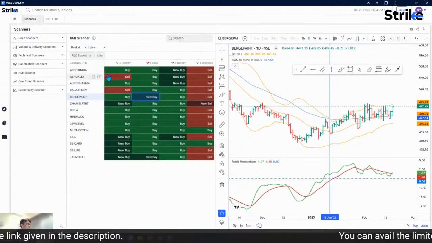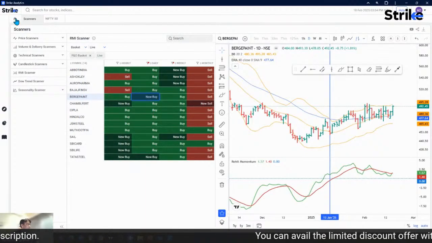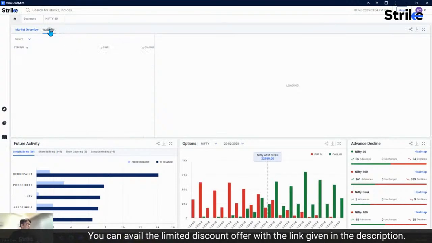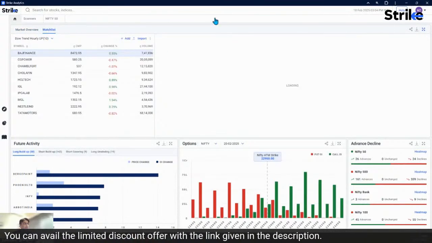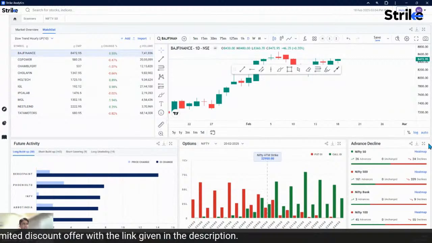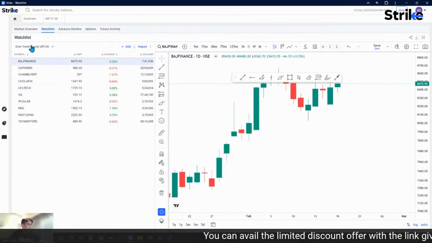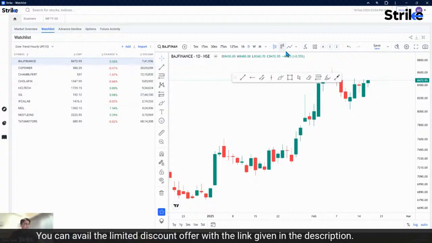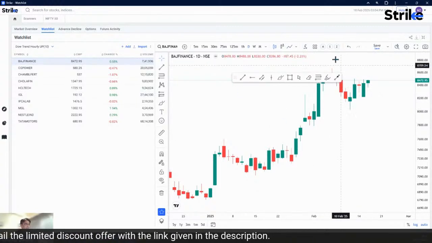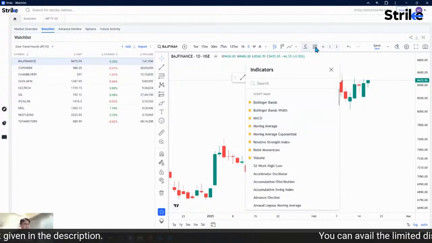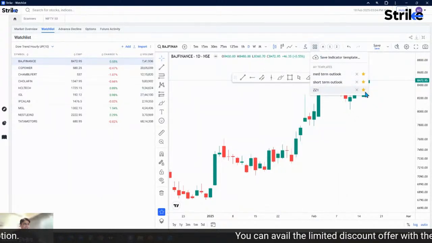Once your watch list is created, you can come to the watch list section, where this particular widget is there. You can maximize this widget, and for all the stocks you have selected, you can select your own watch list. Once you have created your own setup, you can place indicators, mark them favorite, and save the indicator templates.